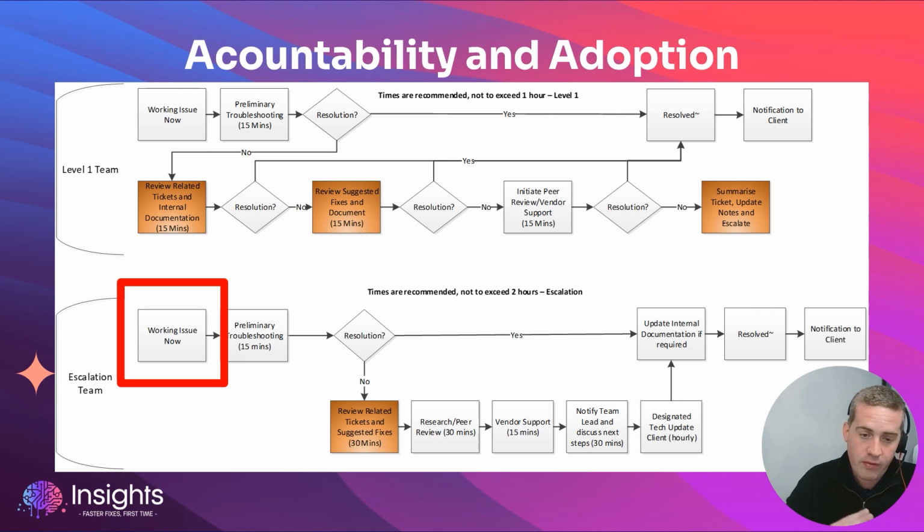If it's not been done, they'll push it back. They may notify the team lead, depending on how you want to structure that. But they'll push it back directly to the engineer with a note saying you need to go and follow this process. And the more disciplined they are at that level, the quicker and the more impact it'll make in terms of actually leveraging this tool, certainly at that level 1 team.